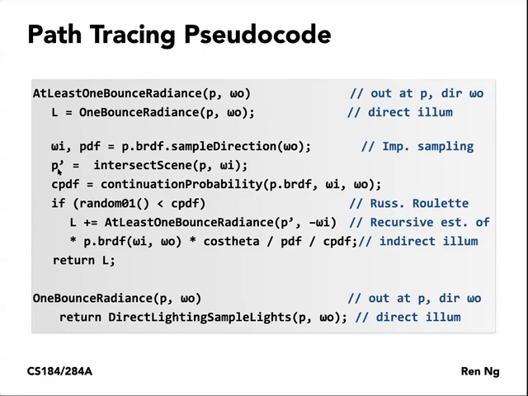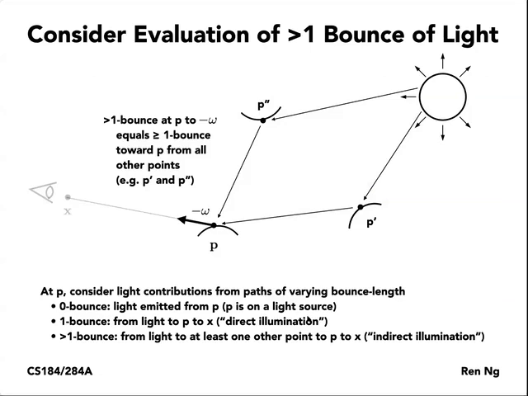Then we have to find the point P prime. I have an incoming direction to the point P coming from some point in the world. So I take point P and I trace it back in the incoming direction, and ask what was the point that is struck in the world? Let me take you back to the cartoon to show you what that looks like. We're at P here, and we say, by importance sampling the BRDF, I'm going to choose some random direction.